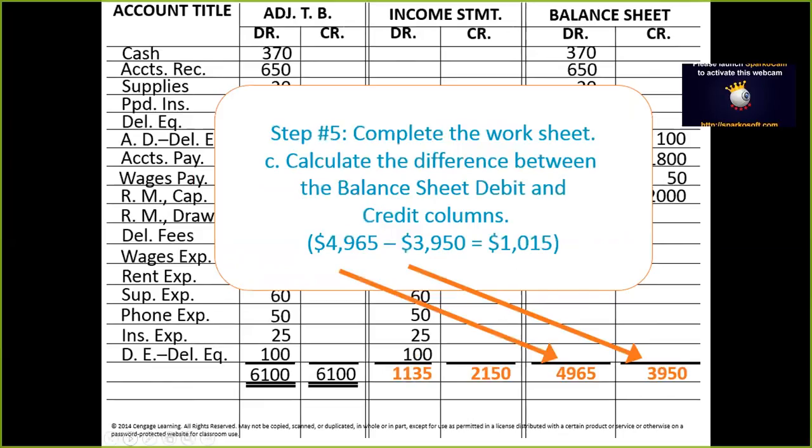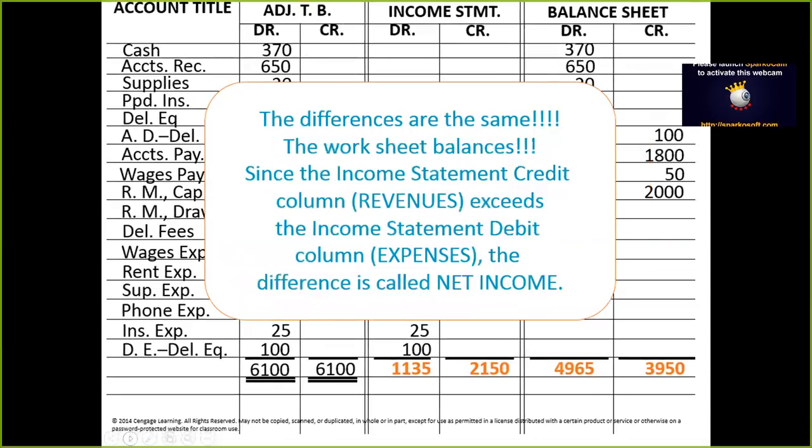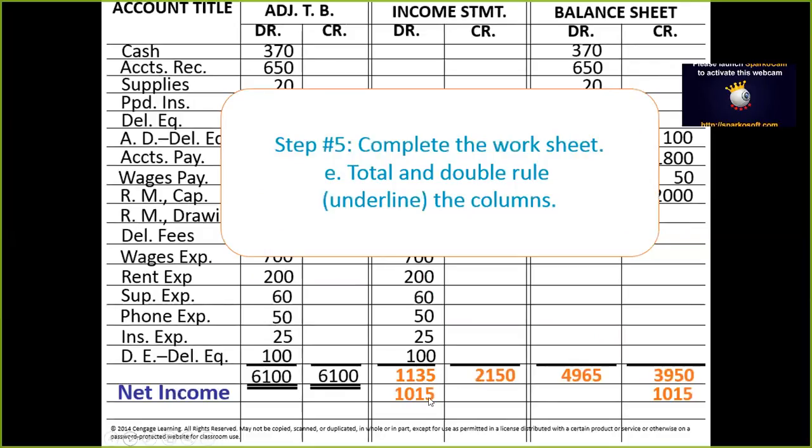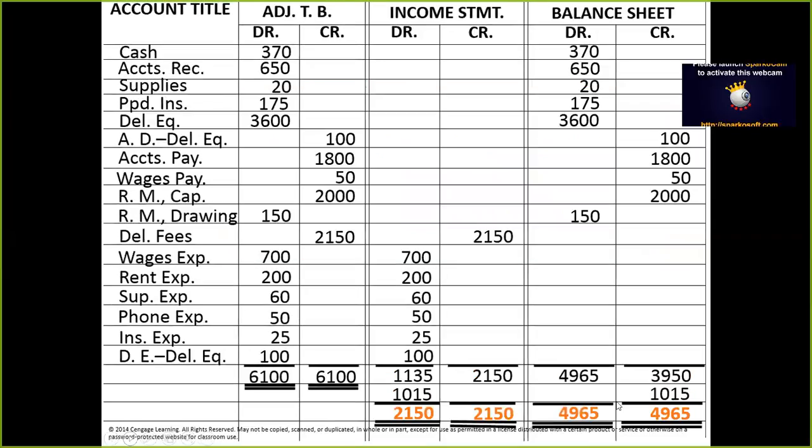And guess what? That 1015 comes from the net income. So we take that net income and move it over. And next thing you know, we are balanced now.